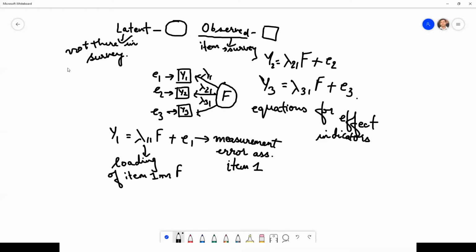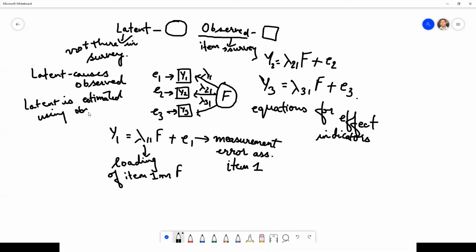It is going to be measured. So remember, latent causes observed, and latent is estimated using observed items.